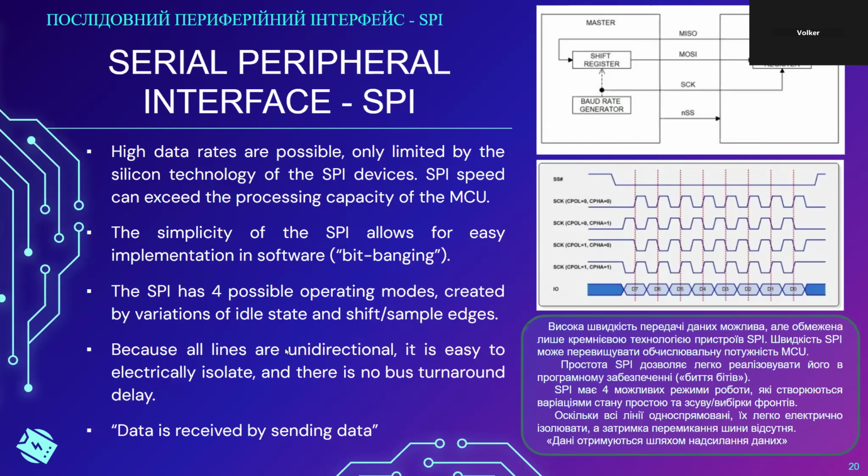So that makes for four different modes. Most SPI implementations inside a microcontroller will support these different modes. And generally, if you see the data sheet for a peripheral device, the peripheral device will also tell you which modes it supports.